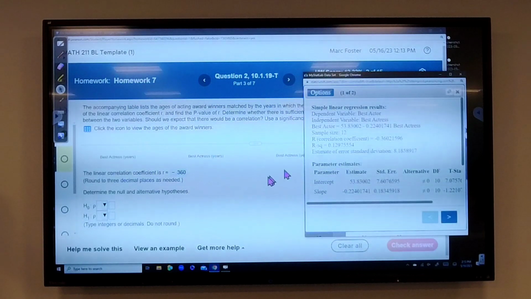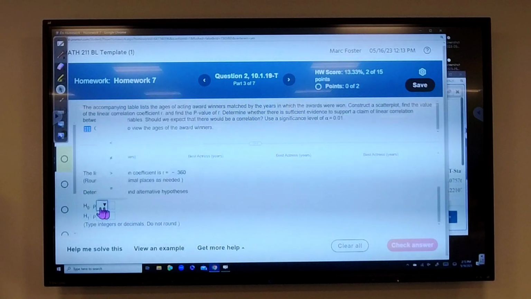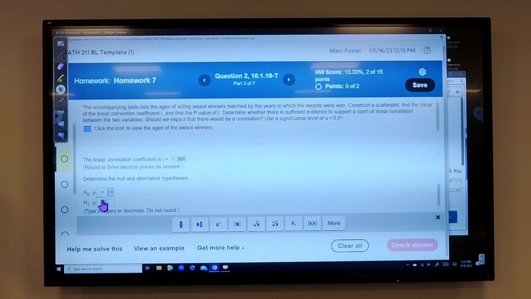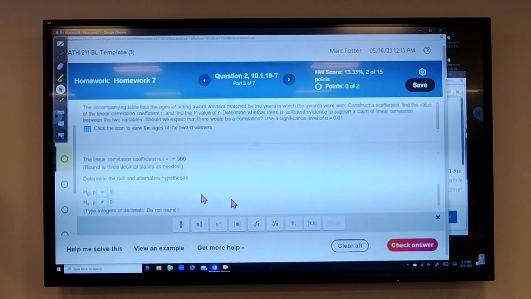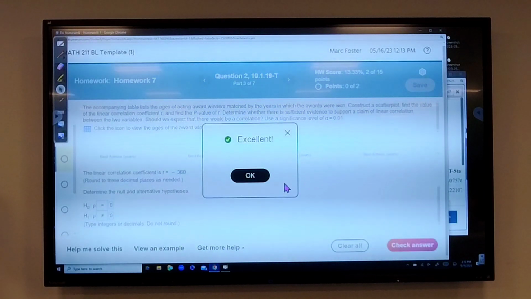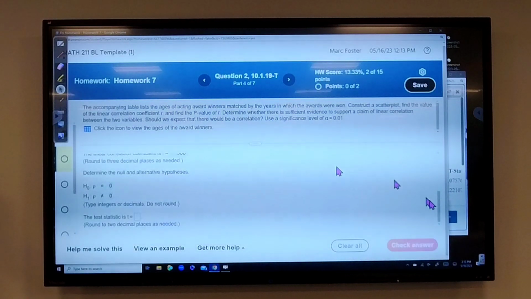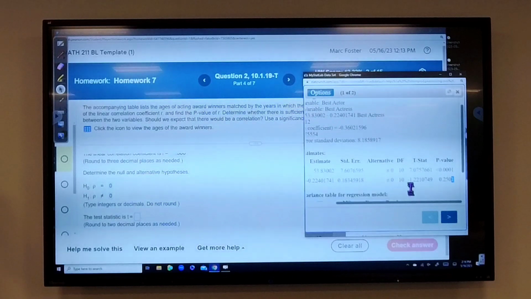The hypothesis test is always the same. It's rho equal to 0 or rho different from 0. Test statistic and p-value.